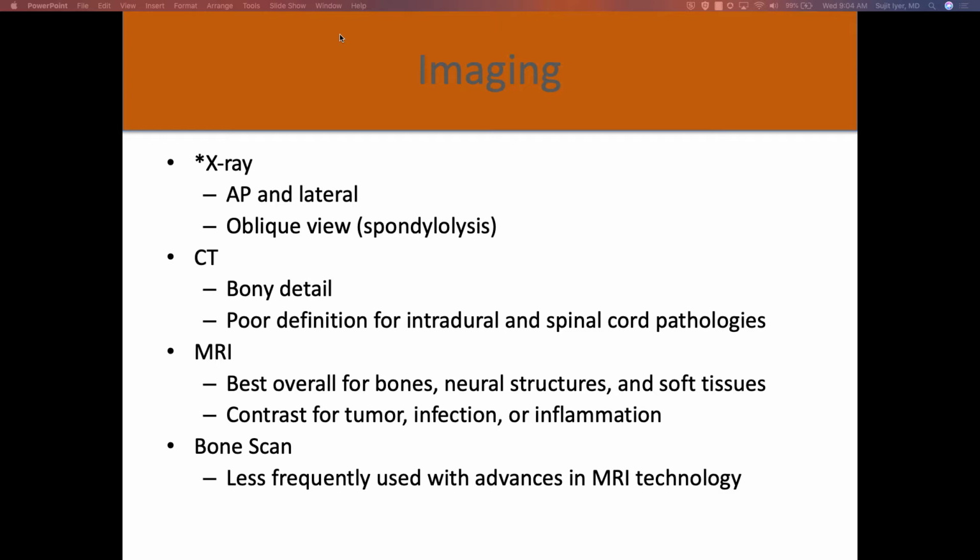For bones, there's CT and MRI if you're looking more for structural issues, as well as looking at the neural system. And since advances in MRI have continued to improve, bone scan has become less utilized, although it still can be used, especially if you're worried about an infection somewhere in the bone, since scanning multiple sites is helpful in that scenario.